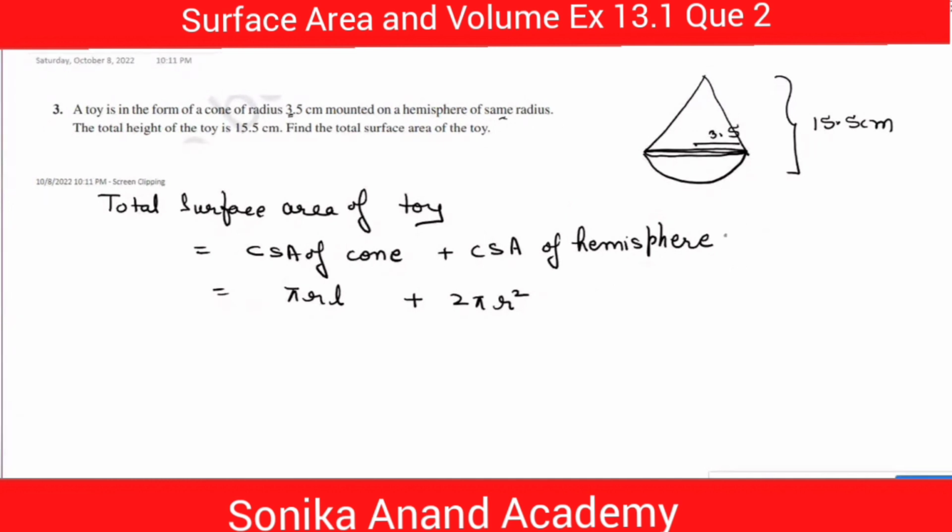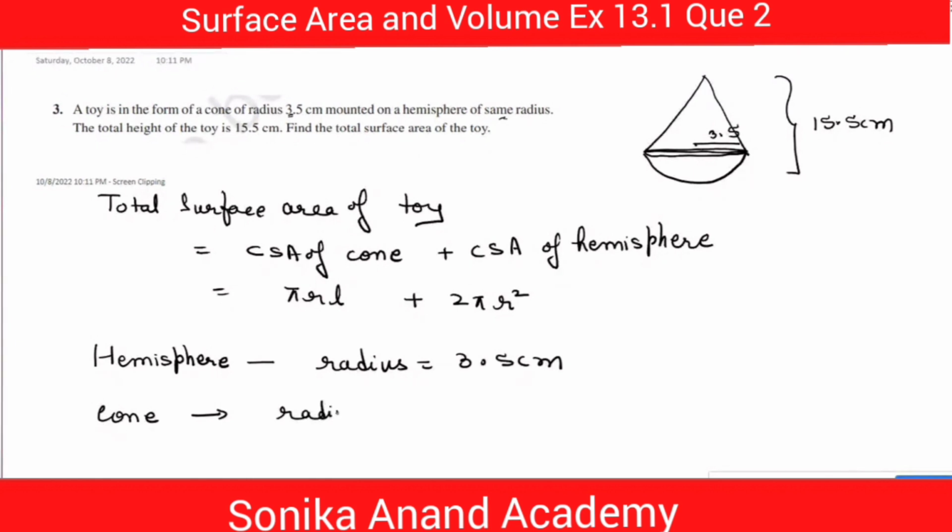Now I am collecting the data. For the hemisphere, the radius is equal to 3.5 centimeter. Now for the cone, we have the same radius, 3.5.